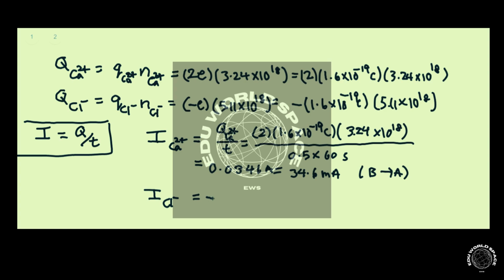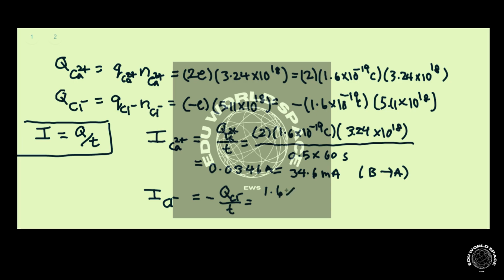So we have to pick up a minus sign to compensate for the definition. So we have minus Q of Cl- over T, and the Q of Cl- has a negative sign in it, so this minus sign times that minus sign gives me a positive sign.